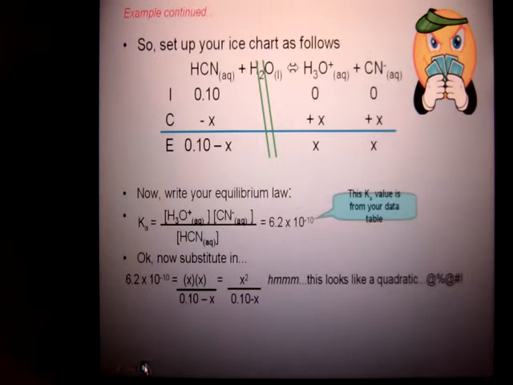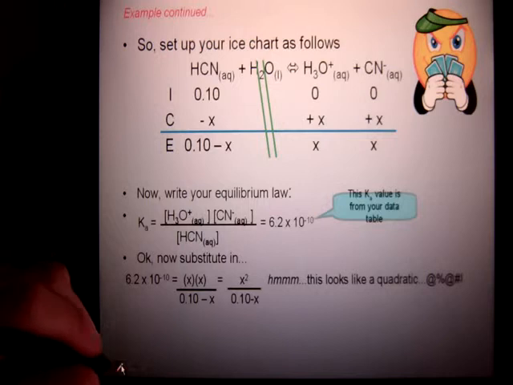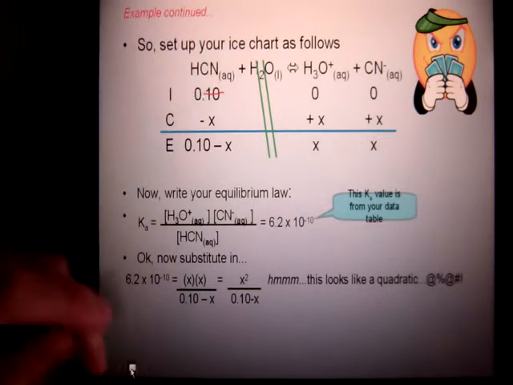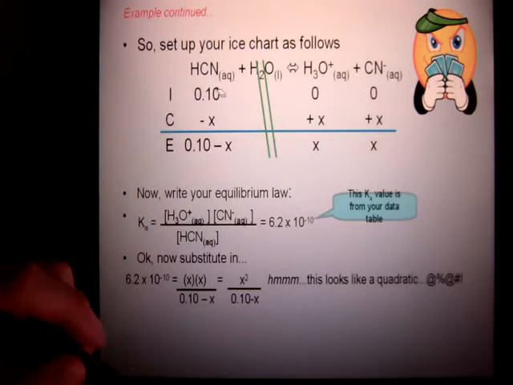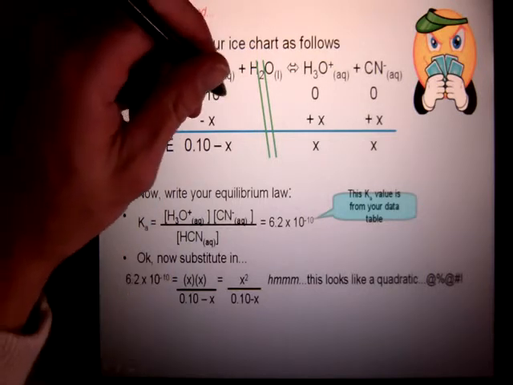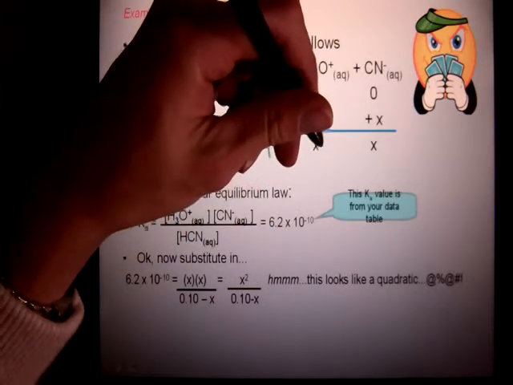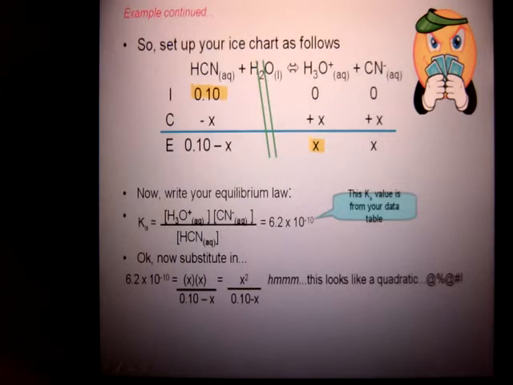The given concentration, so I was told I had a concentration of 0.10 moles per liter, that concentration you will always put in as the initial concentration of your acid. When we're looking for pH or pOH, the equilibrium concentration is what we're looking for. Okay, pH, pOH always refers to the hydronium or hydroxide concentration at equilibrium.